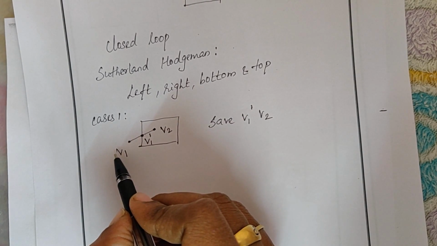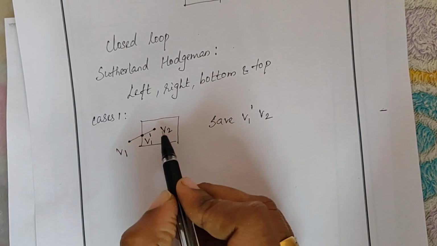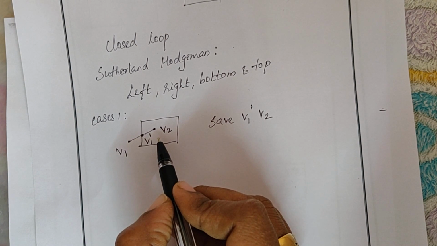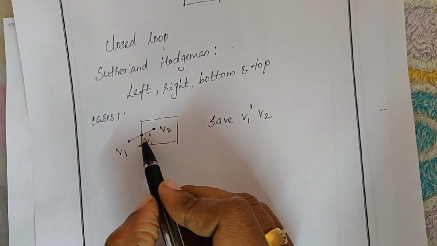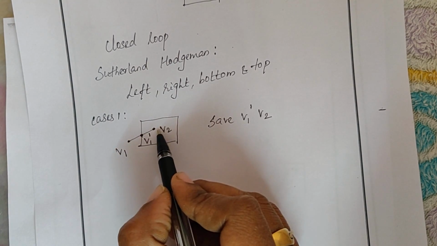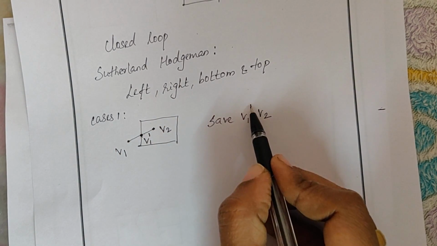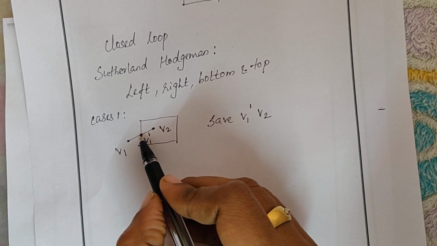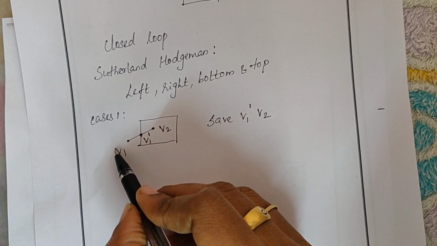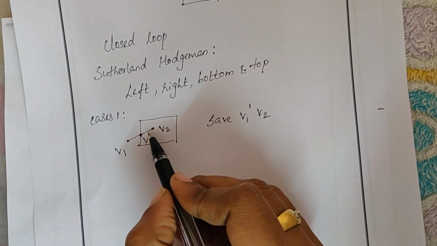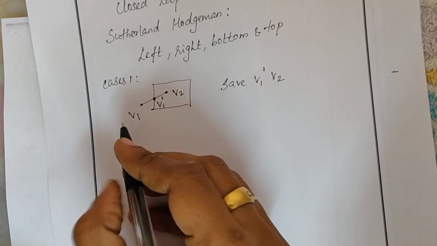Starting vertex is outside the clipping window and ending vertex is inside the clipping window. In this case I have to save my intersection point and the end vertex. How to name the intersection point? Starting vertex name dash. Starting vertex name is v1, so it should be v1 dash.